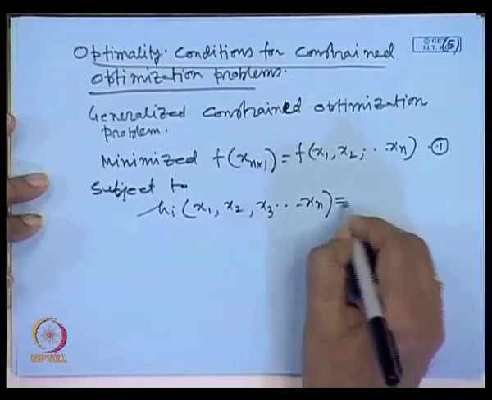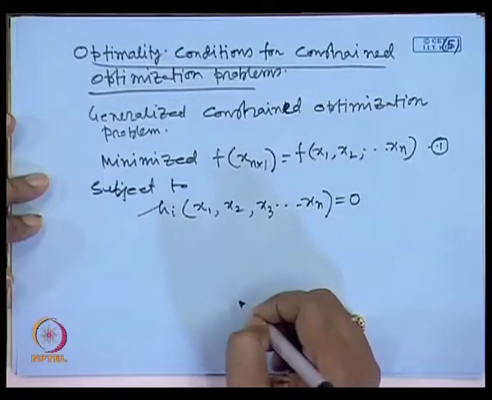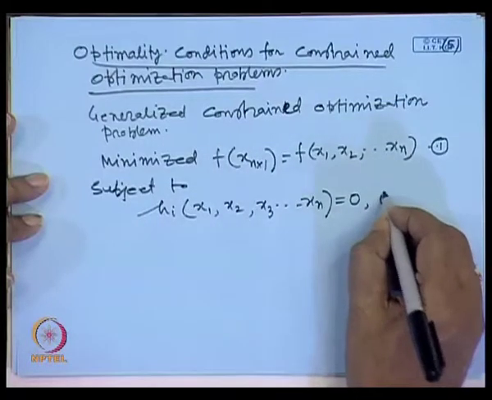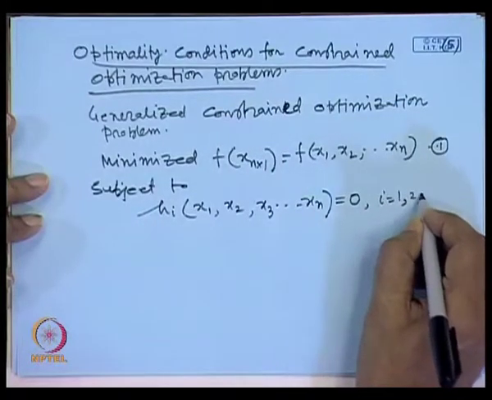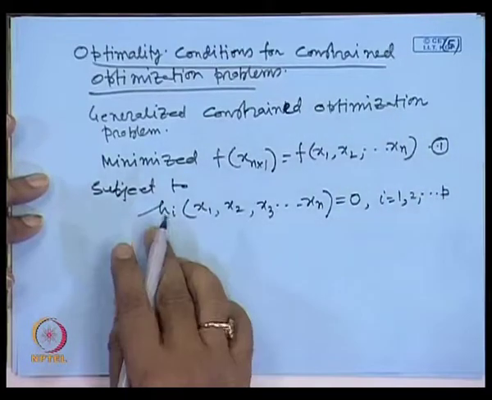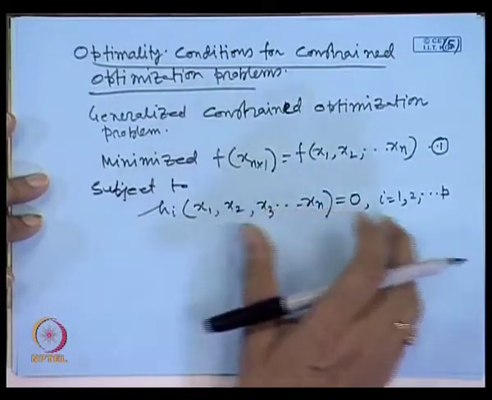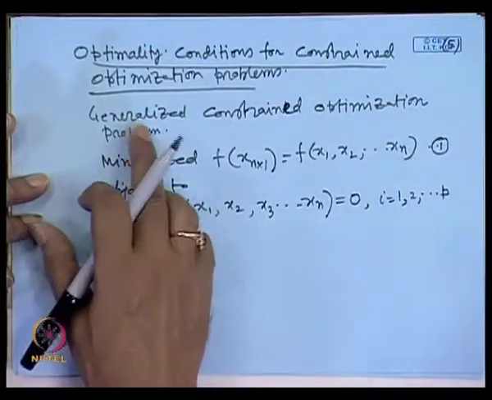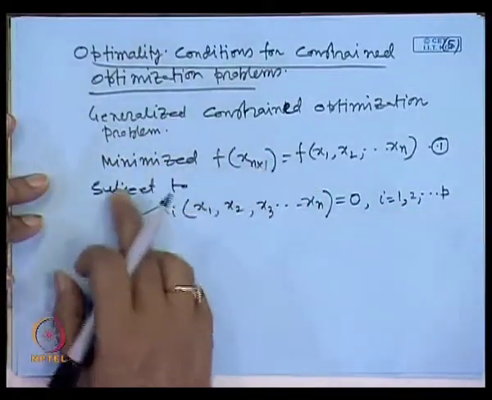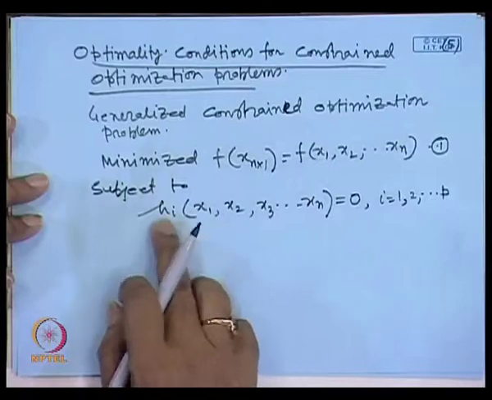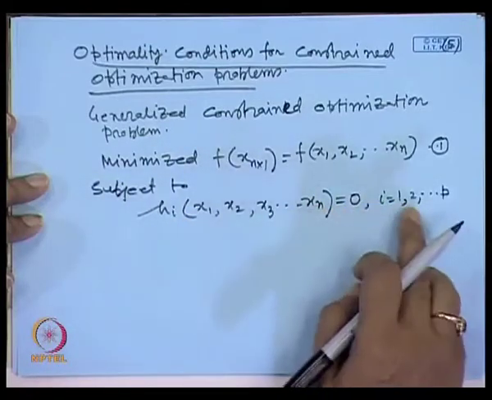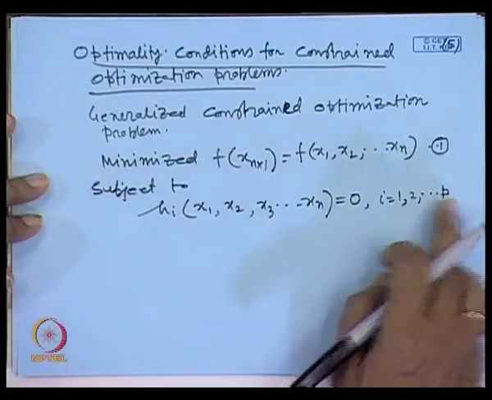These are all equality constraints, and i varies from 1 up to p. So there are p equality constraints with the optimization problem: h 1 is equal to 0, h 2 is equal to 0, up to h p is 0.